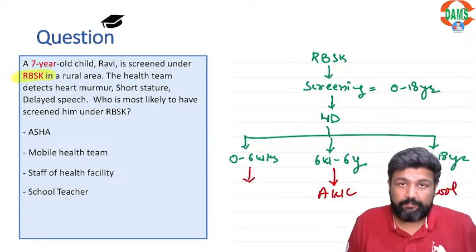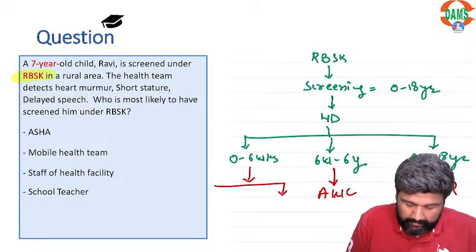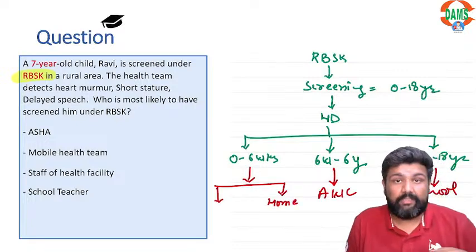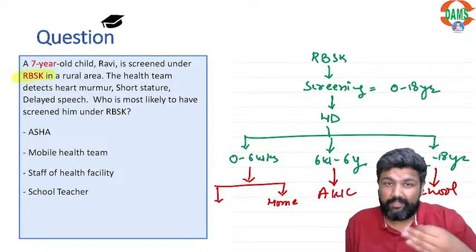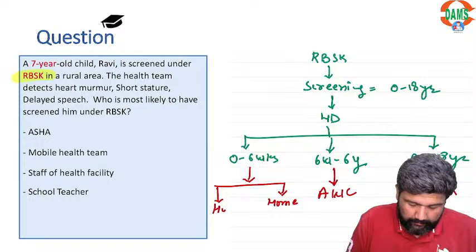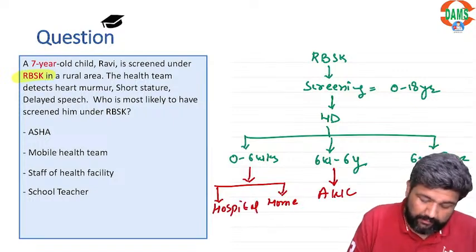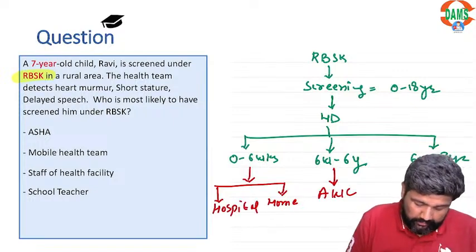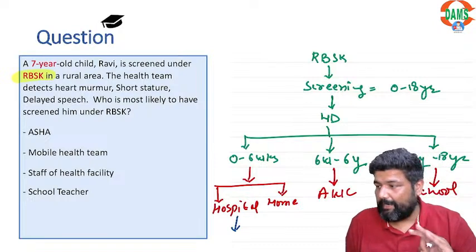And 0 to 6 weeks, either you will find at home, or if the child is a newborn, up to the first, second, 3-4 days depending upon the mode of delivery, the child is in hospital.